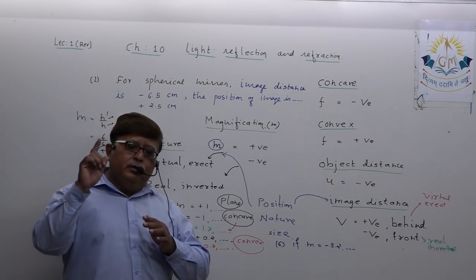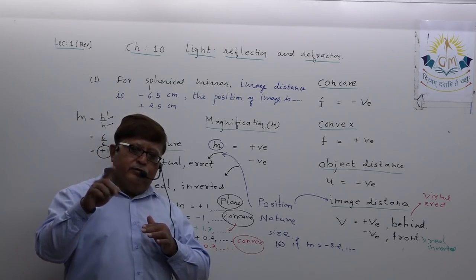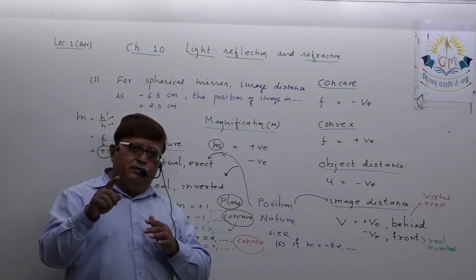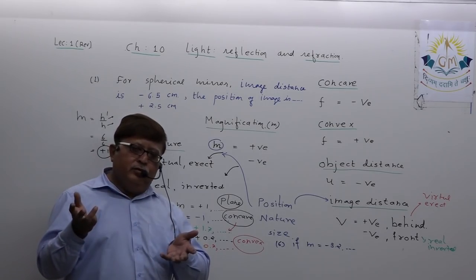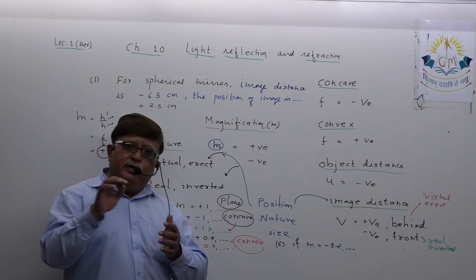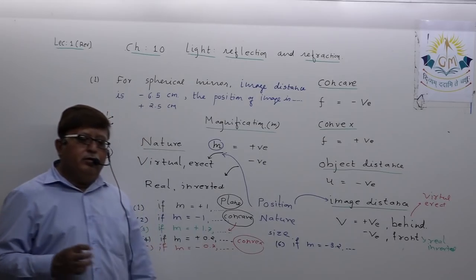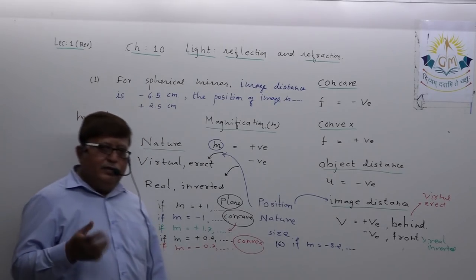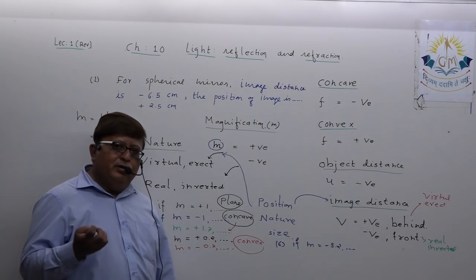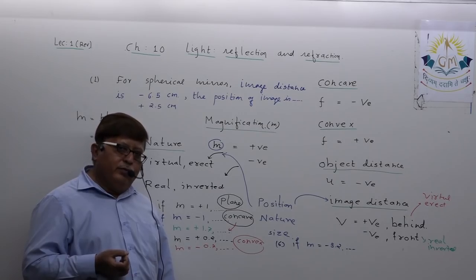Concave mirror: real inverted smaller, real inverted same size, real inverted larger, virtual erect larger. Convex mirror, remember only one: virtual erect diminished image. This way you need to be conceptually very, very strong, dear student. Then and only then you will get mastery in solving any example asked to you.